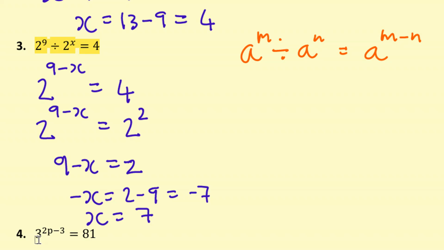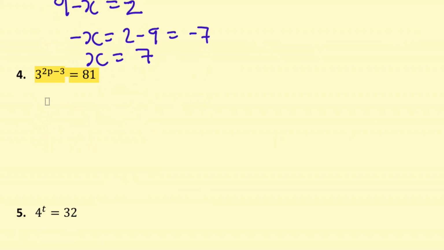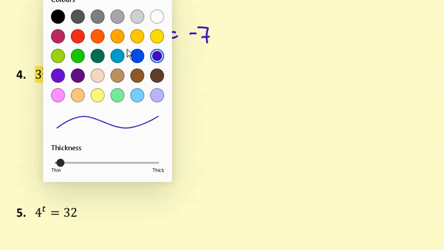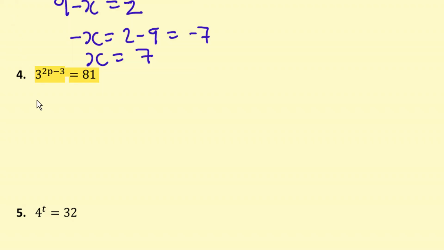Then in number 4, we have 3 to the power of 2p minus 3 equals 81. We want the bases to be the same on both sides, so we're going to use prime factors on the right-hand side. On the left-hand side, we have 3 to the power of 2p minus 3.